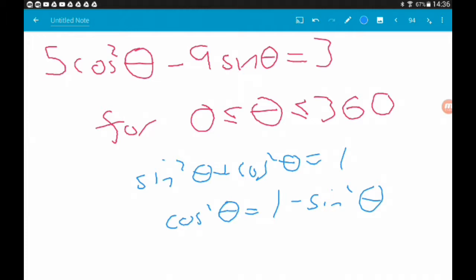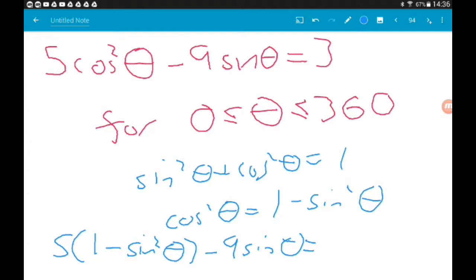So that's then going to give us 5 lots of 1 minus sine squared theta, minus 9 sine theta, and that is still equal to 3. So now the equation is fully in terms of sine.